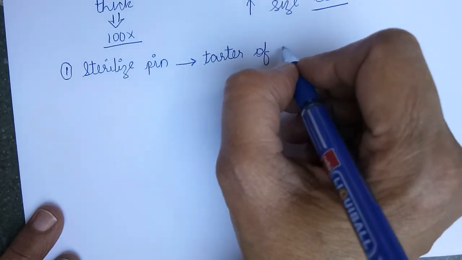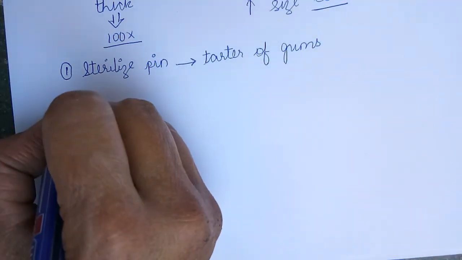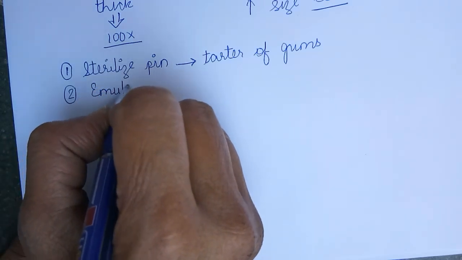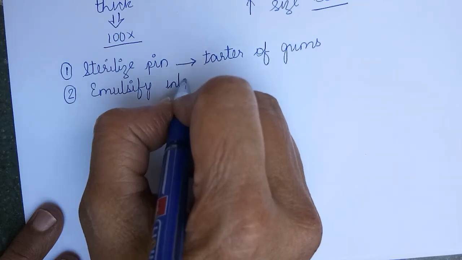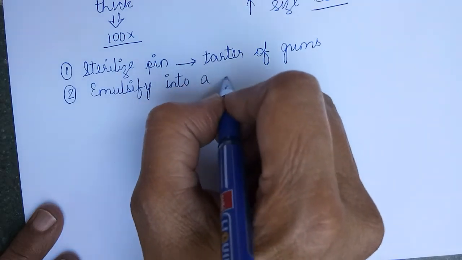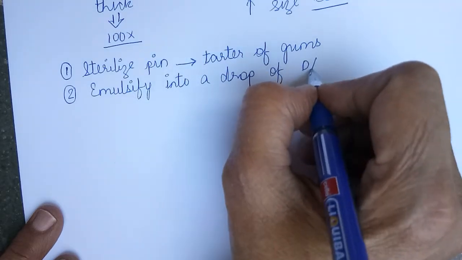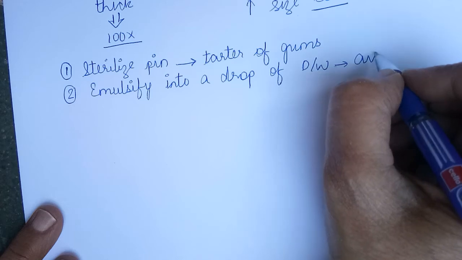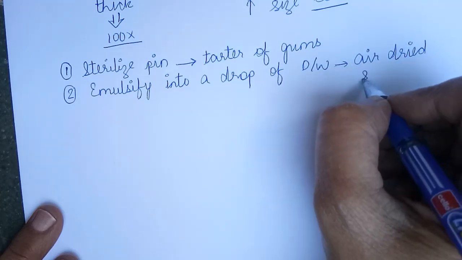Then it will be emulsified in a drop of distilled water, and we make a smear, which is a usual air-dried smear.